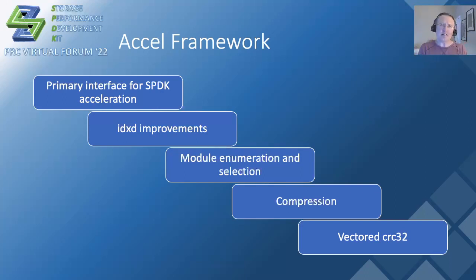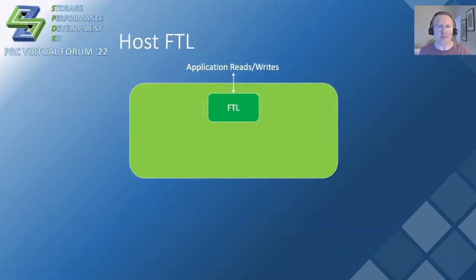The CRC has to happen serially from a calculation point of view, but Ben Walker did some work with Greg Tucker from ISA-L to basically code up a way that we can do all the CRC32s for those 4K buffers in parallel, and in the end do some CRC math to be able to combine them. So we get a much more performant, a much more efficient way of doing CRC32 on these very large data buffers.